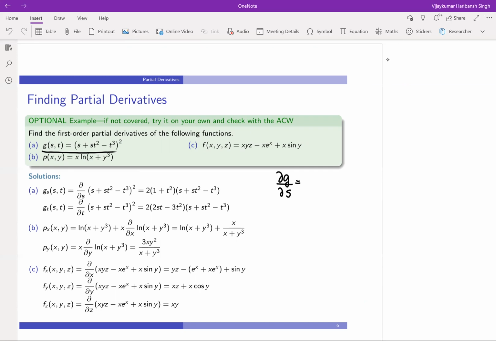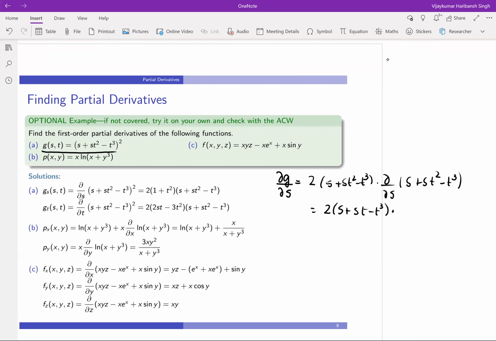So the derivative of that is going to be 2 times (s + st^2 - t^3), because the derivative of x^2 is 2x, right? Then, applying the chain rule, we multiply by the partial derivative with respect to s of the inside stuff, which is s + st^2 - t^3.